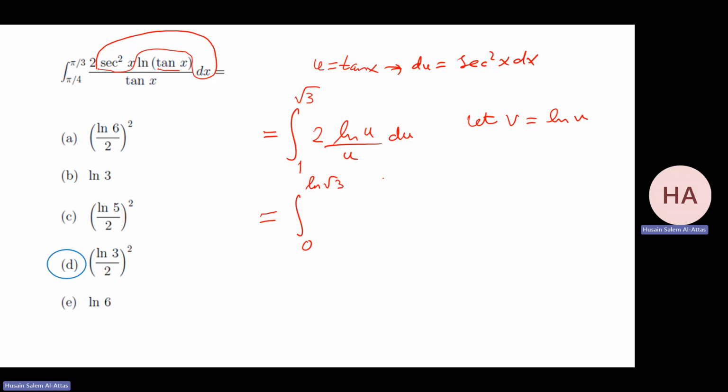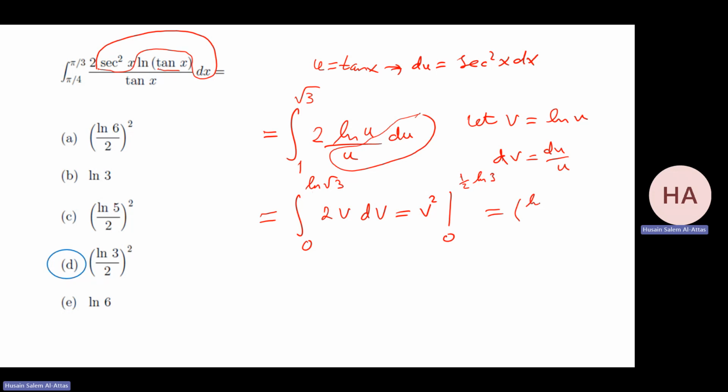This will be my dv. dv will be du over u. So that will be 2 v dv, which is v squared. From 0, this one I can rewrite as 3 to the power half, so that will be half ln 3. So the answer is (ln 3 over 2) squared.